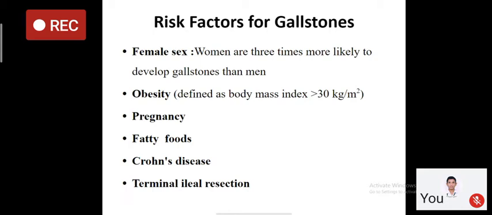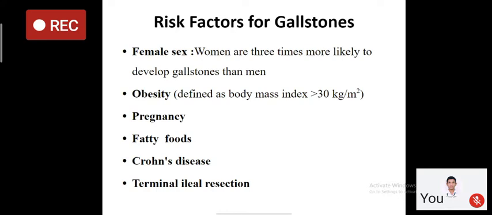Female, fertile, fatty, and forty. Second is obesity, defined as a body mass index of more than 30 kilogram per meter square. So obesity is a risk factor for gallstone.